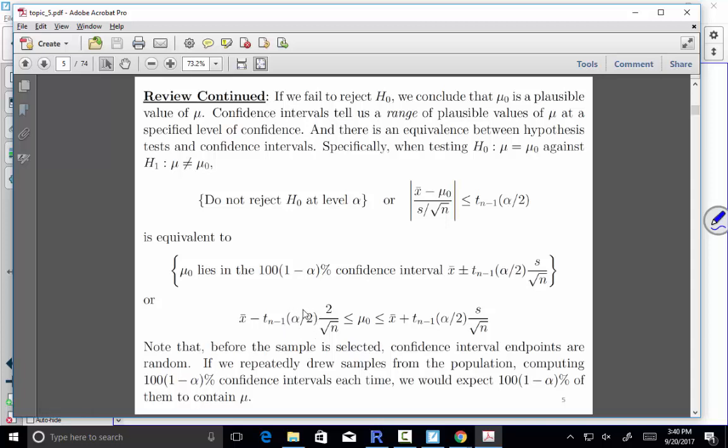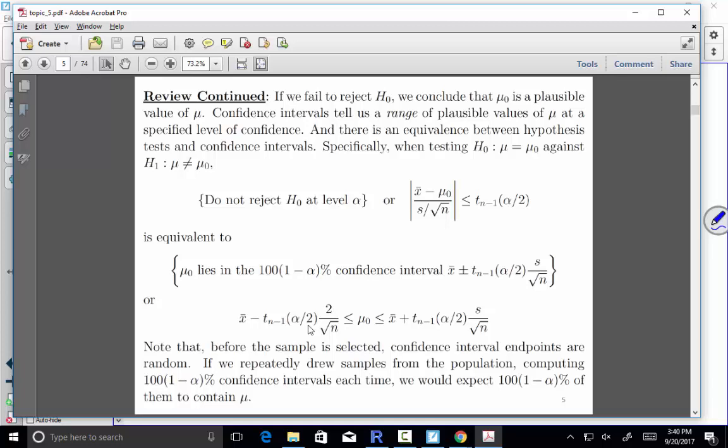So the alpha over 2 is there because essentially in the sampling distribution, we want to reject the null if our test statistic is too far out in either direction. It's way bigger than 0 or it's way smaller than 0.